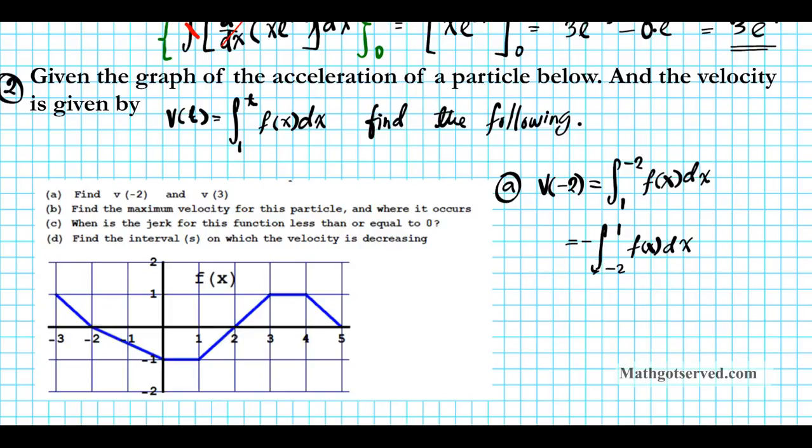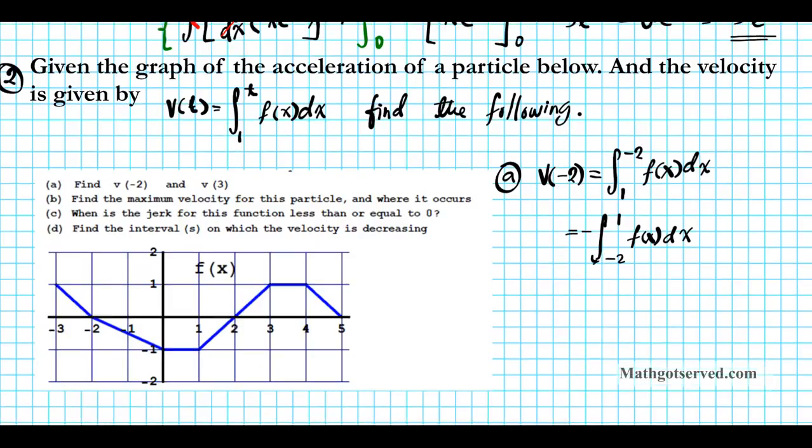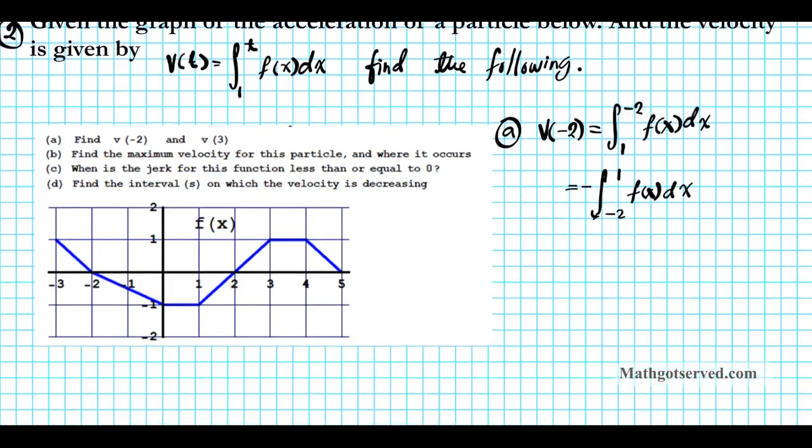All right, so let's go ahead and evaluate this. We have a composite shape. We have a triangle here, and we have a square. If we do the area of this triangle from -2 to 0, that's going to be 1/2 of the base.